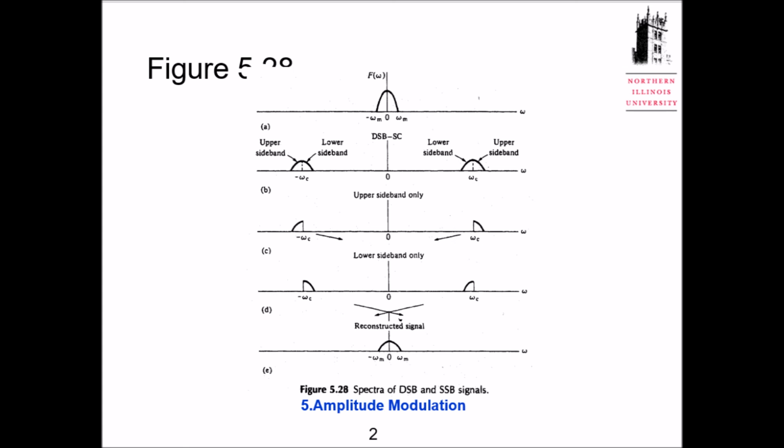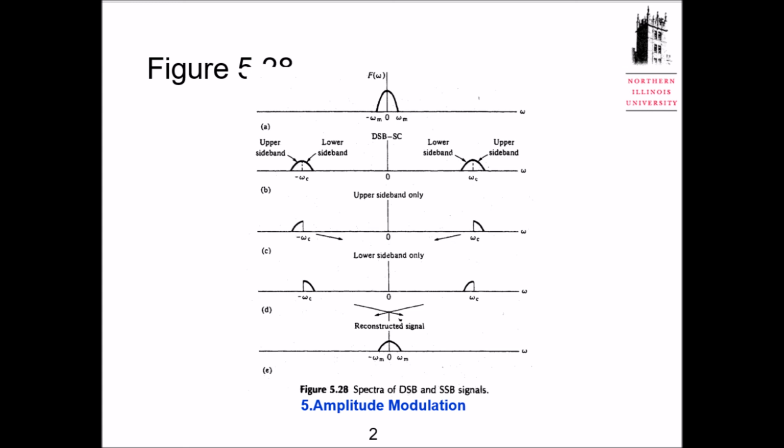If I have the upper sideband only, after mixing, this one will go here, and over there. This one goes here and over there. The high parts are removed, so I can recover my original signal.